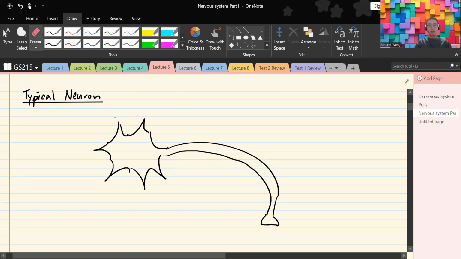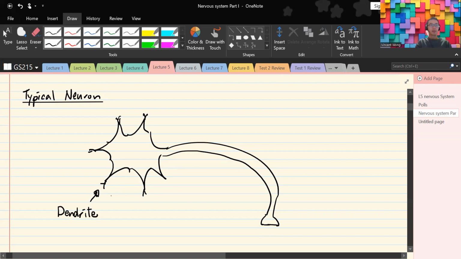So these things that are projecting from the cell body, that's the receiving end of the neuron. And we call them, actually, anybody know what they're called? Dendrites. Yeah, they are dendrites.